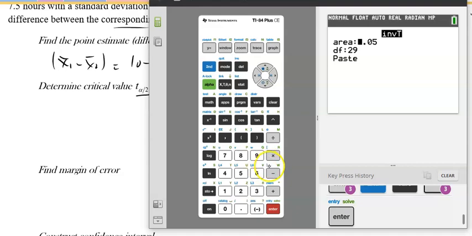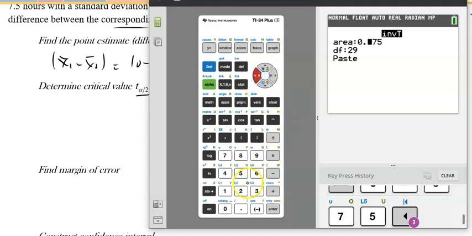I'm going to go for 0.025. Too many zeros. 0.025. There we go. Degrees of freedom, we're going to take the smaller of those, which is 699.